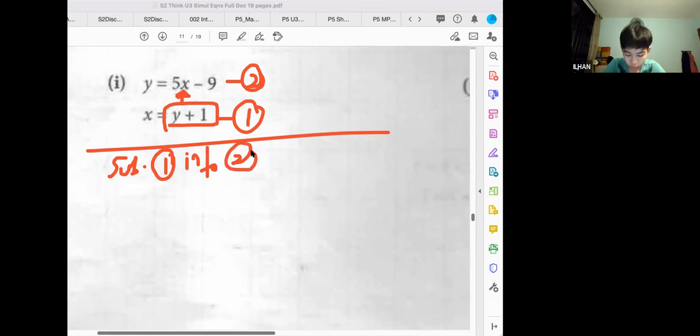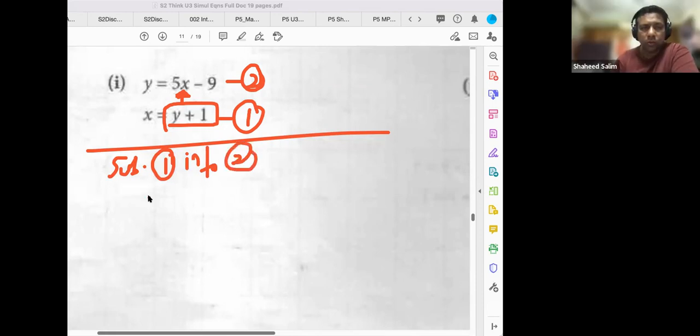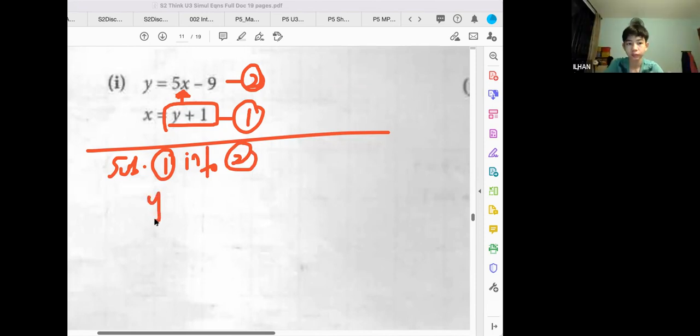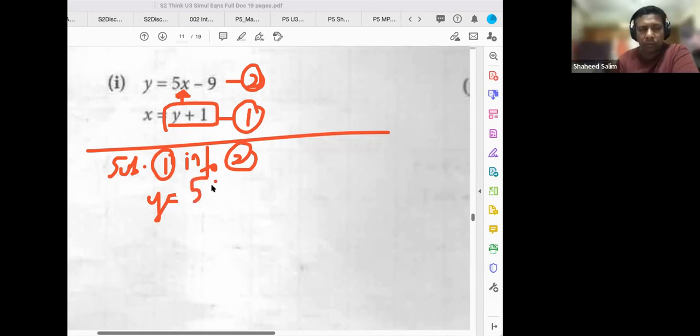Behind the 5x, there's a y. So are you going to put the y or the x? Okay, so you write like that. Y equals to 5. Put y plus 1, because the value of x is y plus 1. So put it down here. Don't forget to put minus 9.